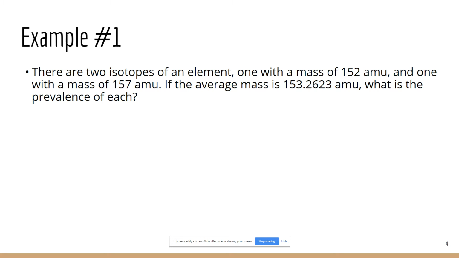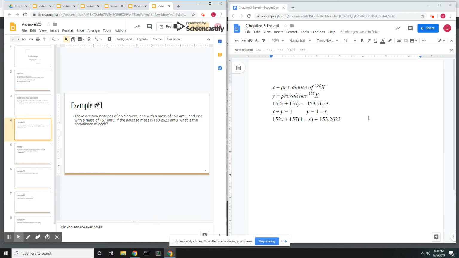Pause here. So we did a really similar example in class a couple weeks ago, so I'm not going to spend too much time on it, but I will work through it.